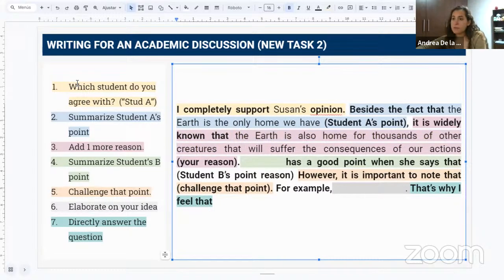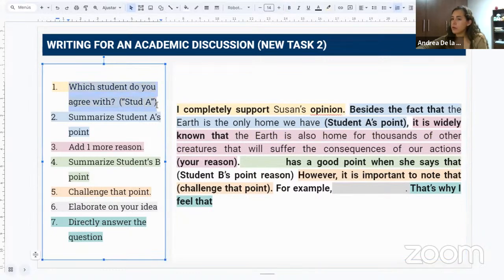Pero esa es la idea. Primero, nuestra introducción, con cuál estudiante estamos de acuerdo. I completely support Susan's opinion. Then we summarize that student's point, or we paraphrase it. Besides the fact that the Earth is the only home we have, and then we add one more reason that is entirely different from what was mentioned before.